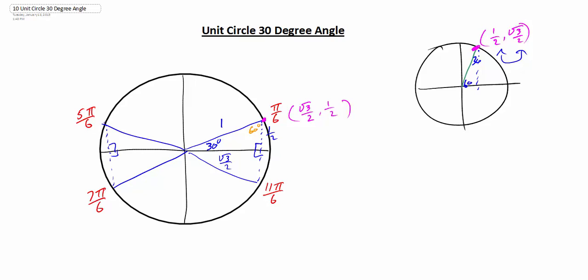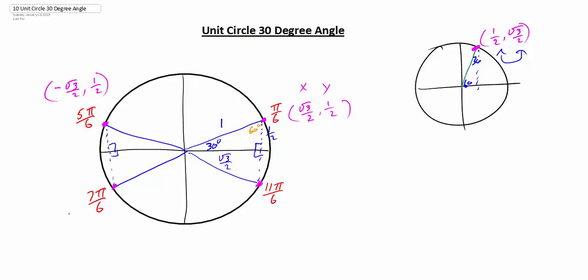And we want to identify the x and y coordinates for each one of these particular angles. Well, you've probably guessed already, you're going to have basically the same xy coordinate that we have for pi over 6 or the 30-degree angle, except we're going to have to change whether the sign is positive or negative based on the particular quadrant. So in the second quadrant, the x value must be negative, so that's a negative square root of 3 over 2, where the y coordinate is a positive 1/2.